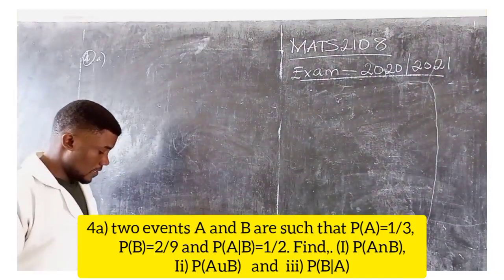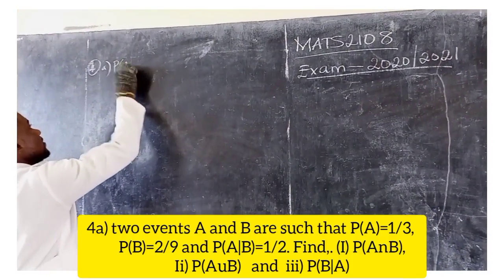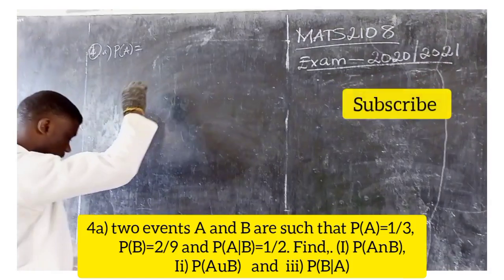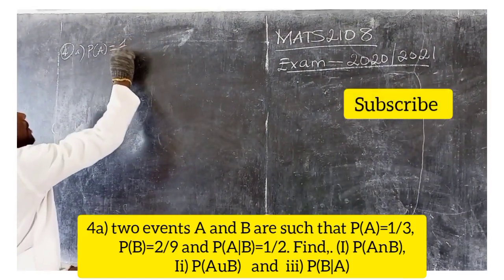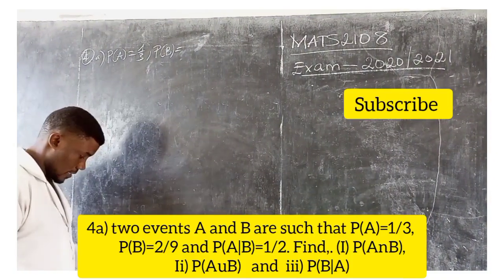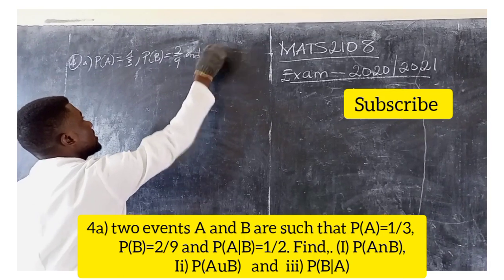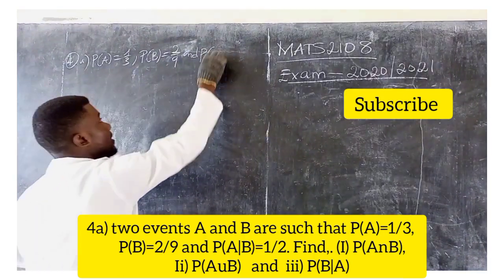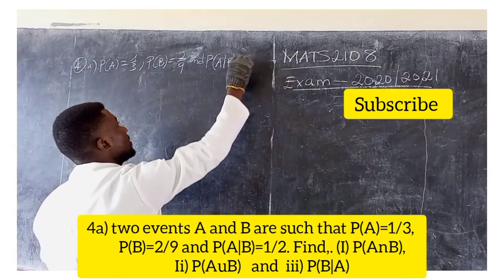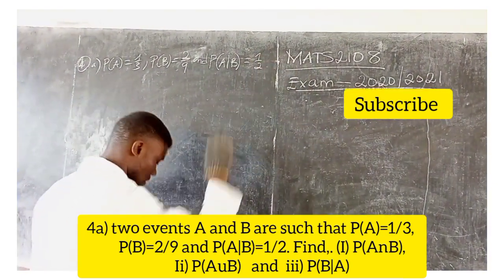It says that two events A and B are such that the probability of A is 1 on 3, the probability of B is 2 on 9, and the probability of A given B is 1 on 2.